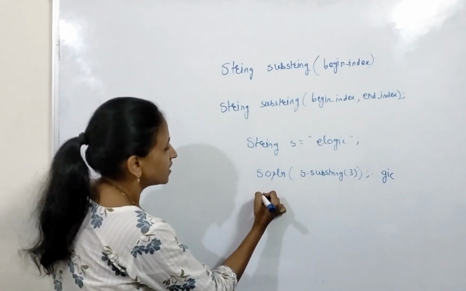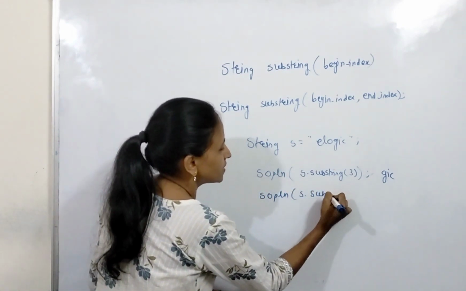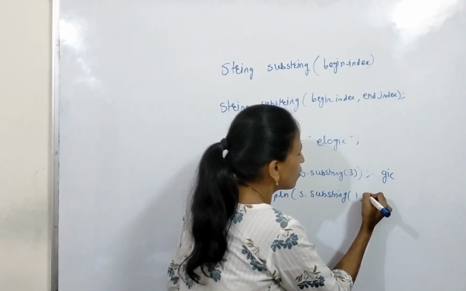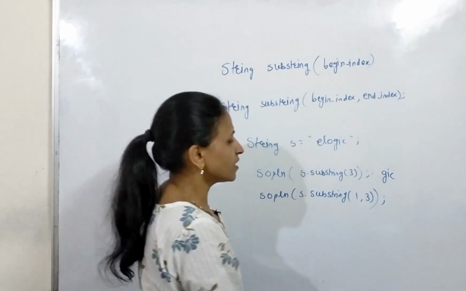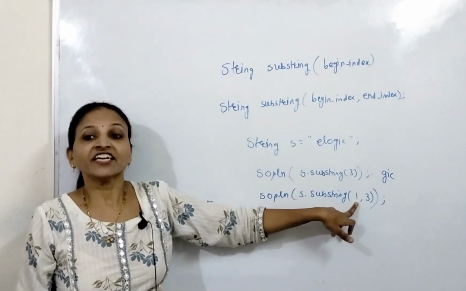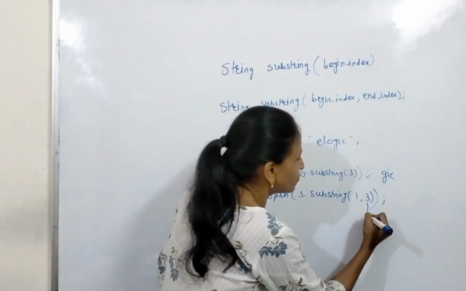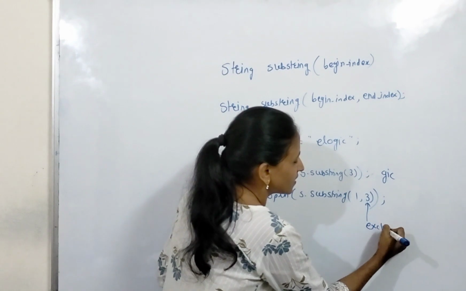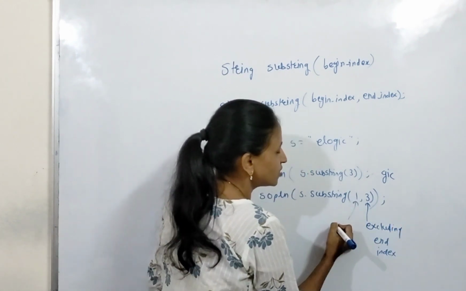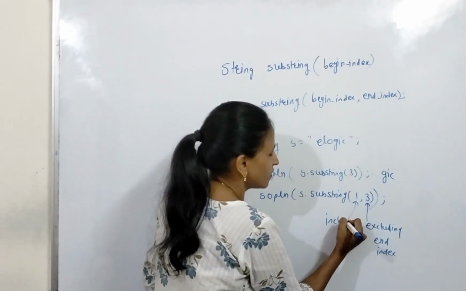Now the next is sopln s dot substring of 1 comma 3. Always keep in mind, it will start from index 1 and end at index 2. The end index is excluded, and the begin index is included.